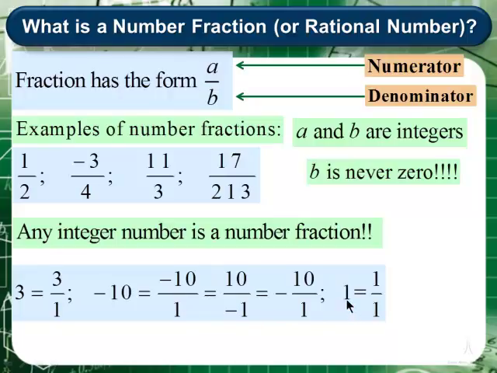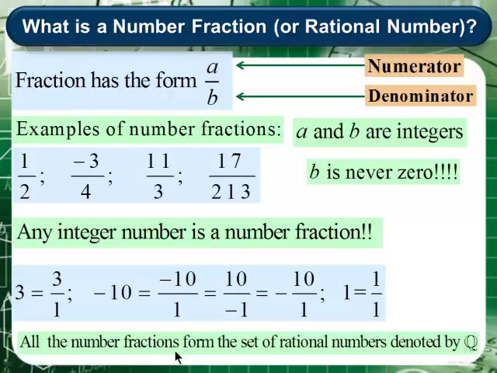Even the number 1 as an integer can be written as a number fraction. Now, all the number fractions form the set of so-called rational numbers. Those numbers that can be written in fractional form, as we have indicated. And the symbol for the rational numbers is Blackboard Bold Q. It's capital Q, but a special font called Blackboard Bold.